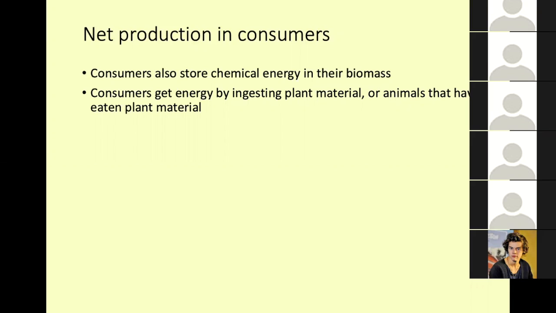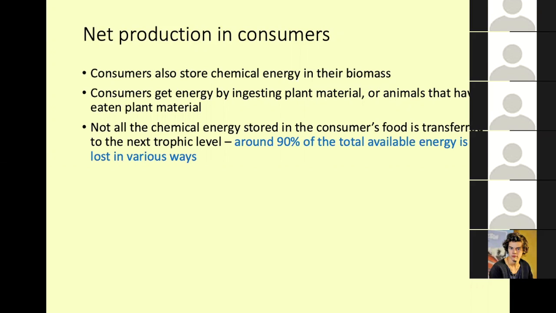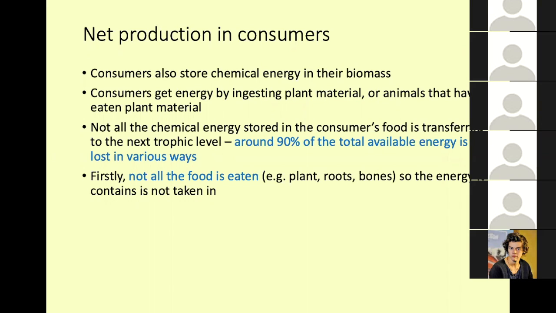Right, so now let's look at consumers. Okay, we've already talked about this. Consumers get energy by ingesting plant material or animals that have eaten plant material. And so not all the chemical energy in the consumer's food is transferred, and it's lost in various ways.